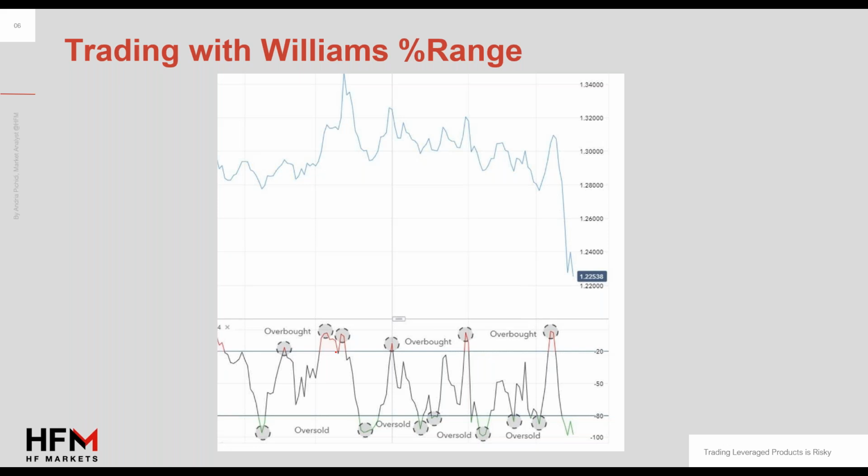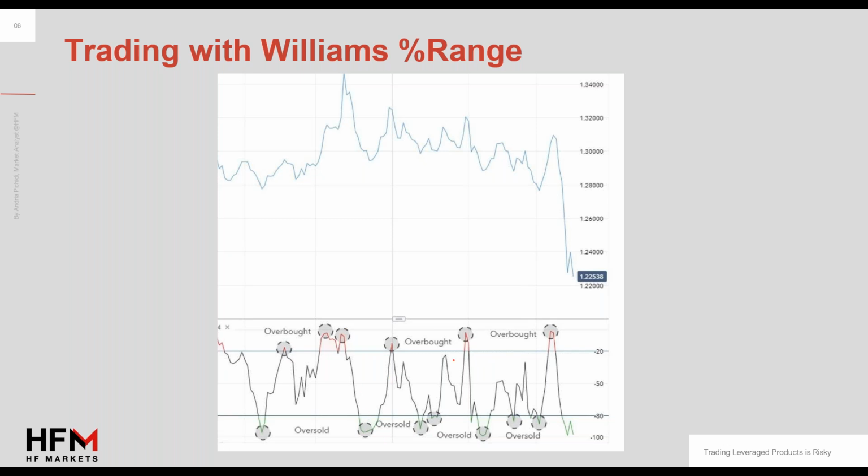as we said earlier, you can take a move below -20 towards -100, right? Which is a signal that the market is turning bearish, okay? In this case, you could go short and speculate on the price continuing to fall.